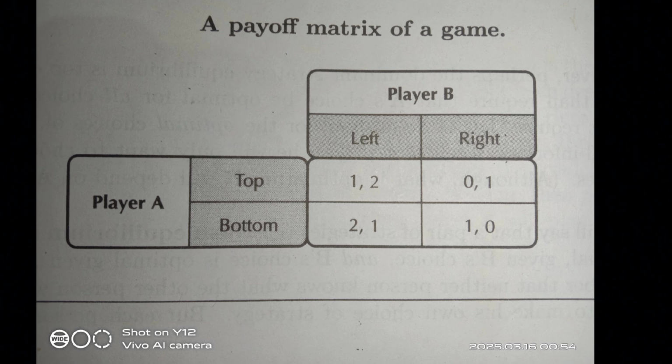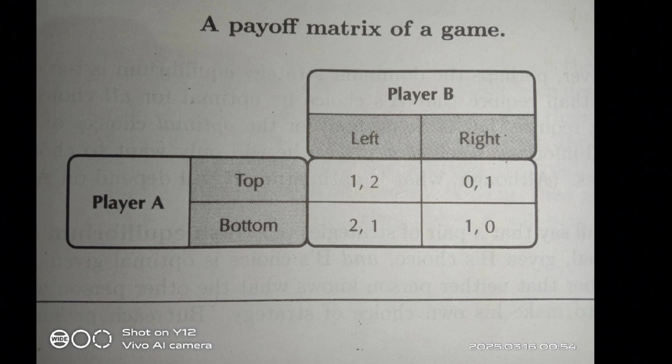Similarly, it is always better for B to say left, because 2 and 1 dominate the other payoffs 1 and 0. Thus, we would expect that the equilibrium is for A to play bottom and B to play left.